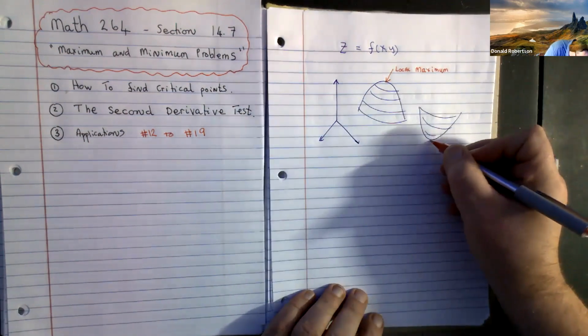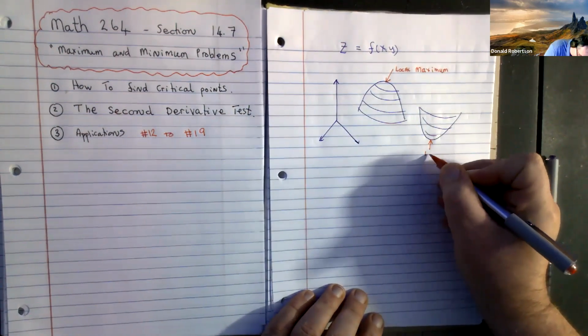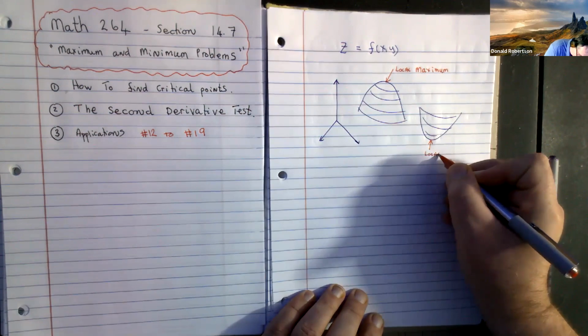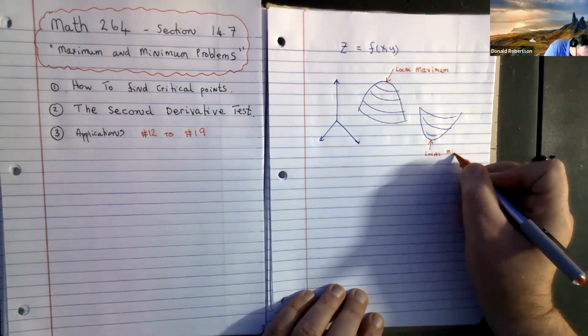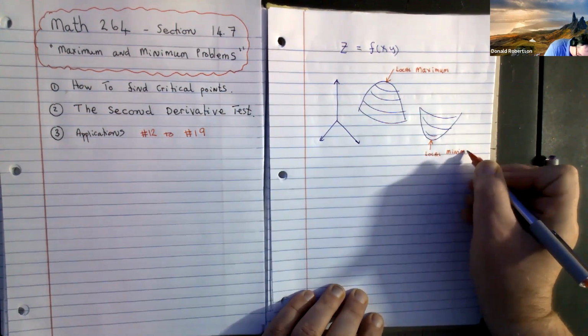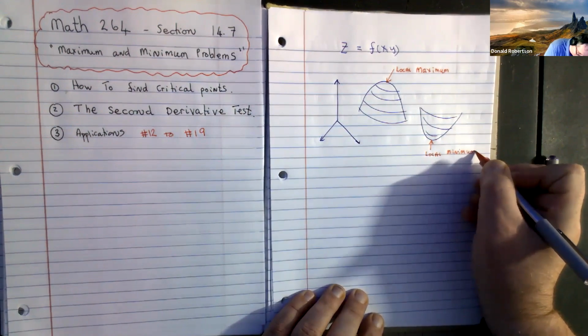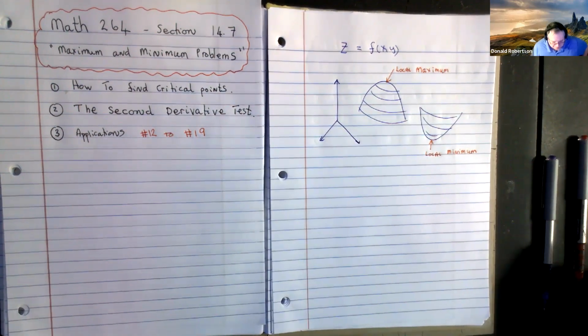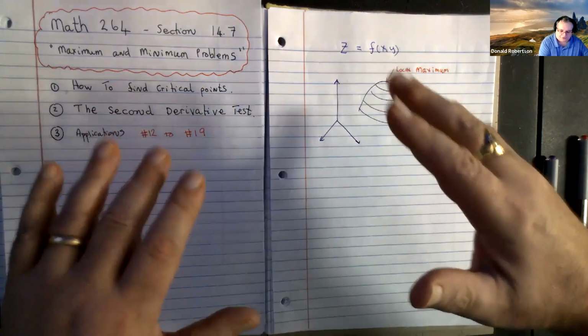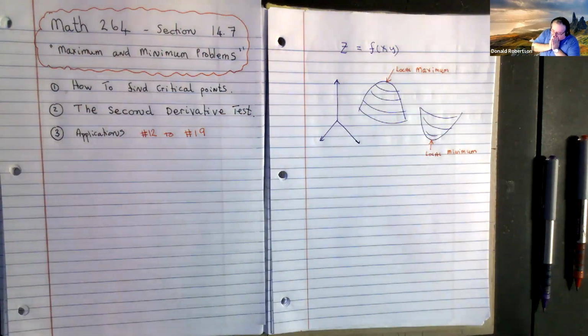And this guy here is called the local minimum. And you can imagine that over a surface, there may be more than one of these. There may only be a single one. There might only be a local maximum. The surface is just one big hill.